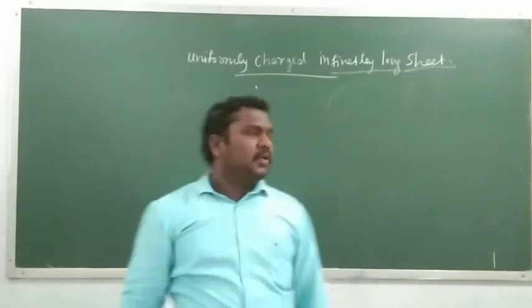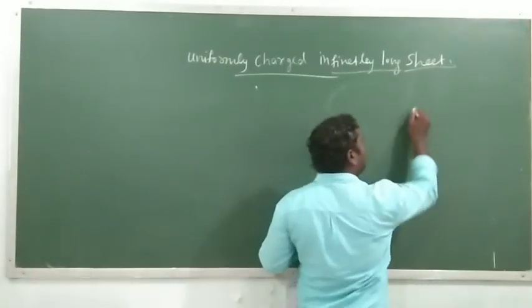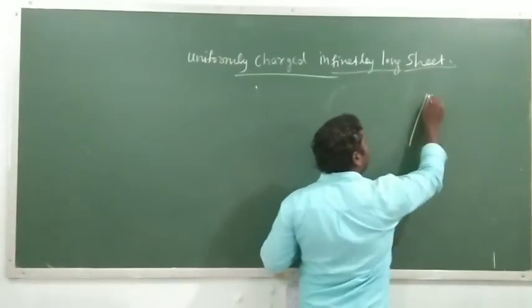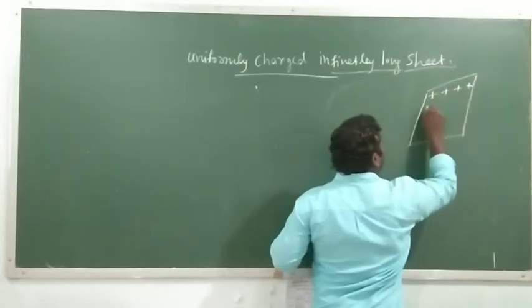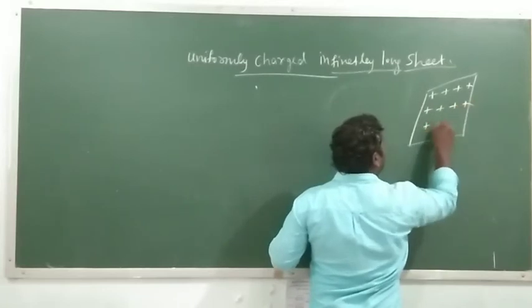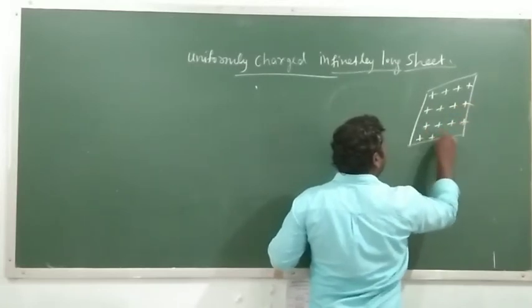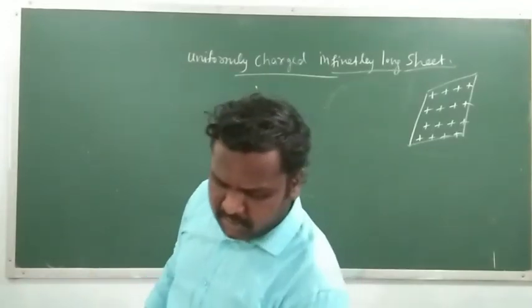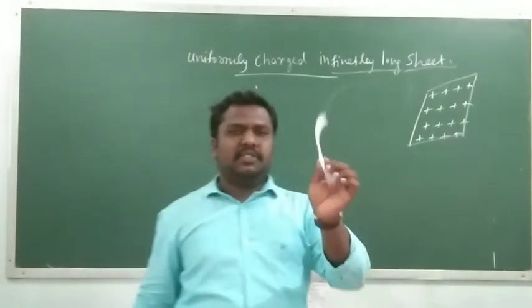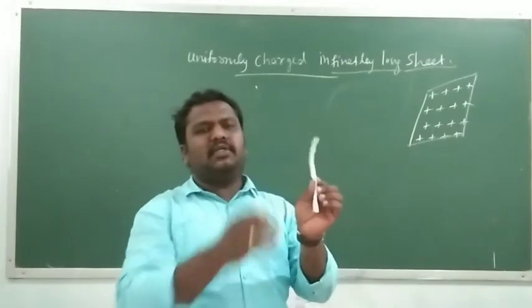So, I am going to consider the diagram. Here we have the uniformly charged infinite plane sheet. There will be some sheet like this, where the distribution of charges is uniform.